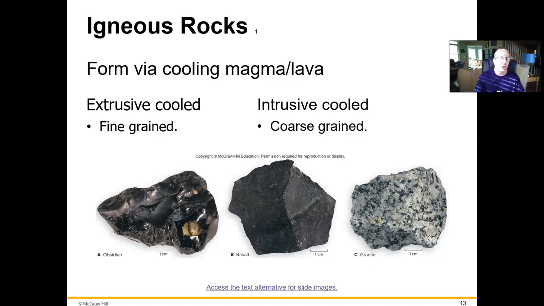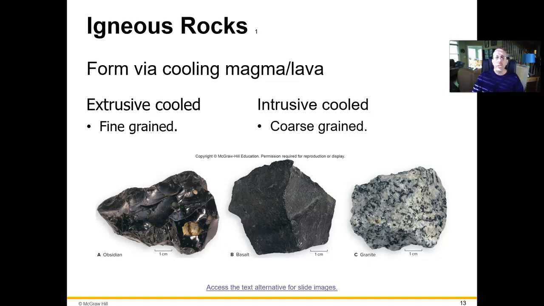So extrusive means it was formed on the surface somewhere after it's come out of the earth. Those are going to be typically very fine grained, because if they cool really quickly, those crystalline structures don't have time to consolidate as much. So you think of obsidian, which basically looks like glass when it cools. That's a fine-grained extrusive igneous rock.